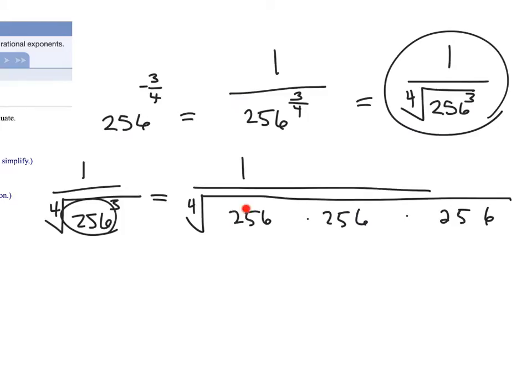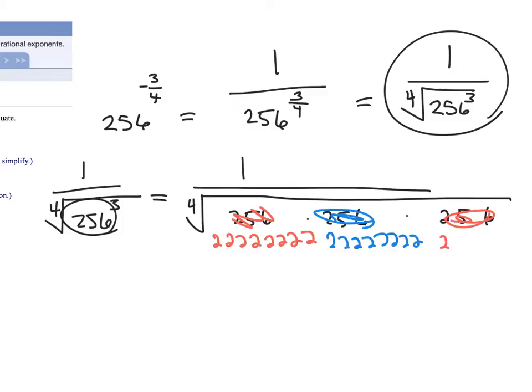But this 256 is really 2 times 2 times 2 times 2 times 2 times 2 times 2 times 2, that's 8 twos. And this 256 is really 8 twos as well, and so is this one. So inside, this is really 2 to the 24th power.